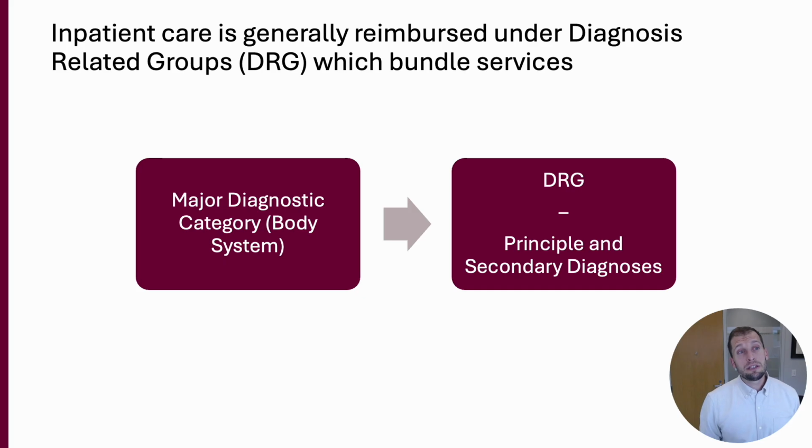So inpatient care is generally going to be reimbursed under these diagnosis-related groups, which bundle up care. So first you're going to specify stuff as being part of an MDC, major diagnostic category, basically by body systems. And then you've got the DRGs, which will look at the principal and secondary diagnoses.